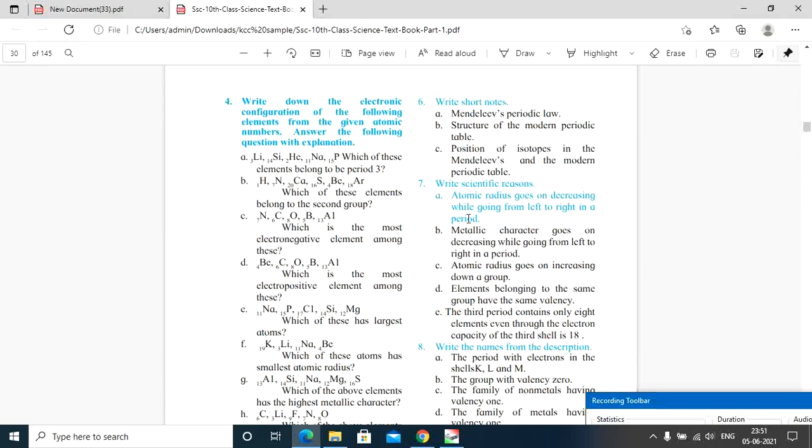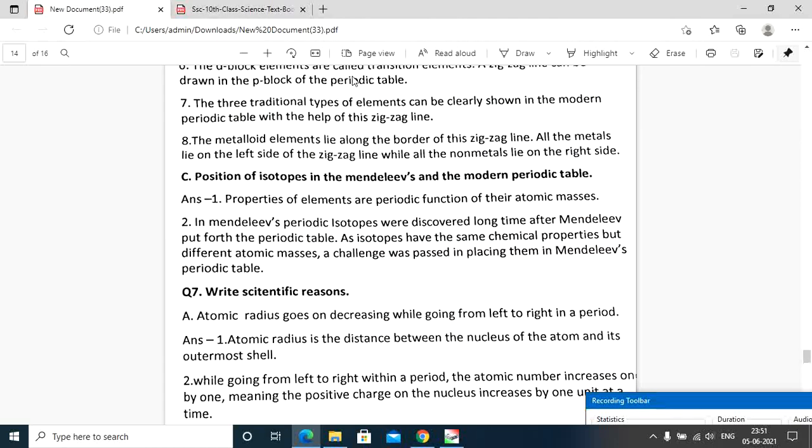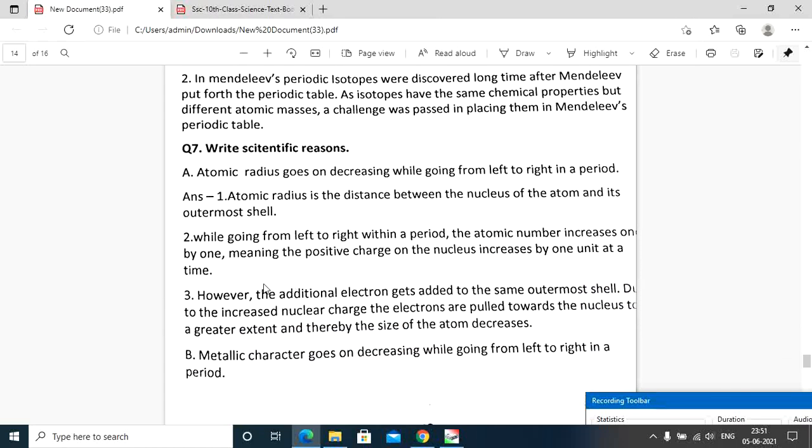Metallic character, give reasons. Atomic size goes on decreasing while going from left to right in a period. So from left to right each time one electron is added, and because of this the nucleus gives a stronger pull. While going from left to right within a period, atomic number increases by 1, meaning the positive charge on the nucleus increases by 1 unit at a time.